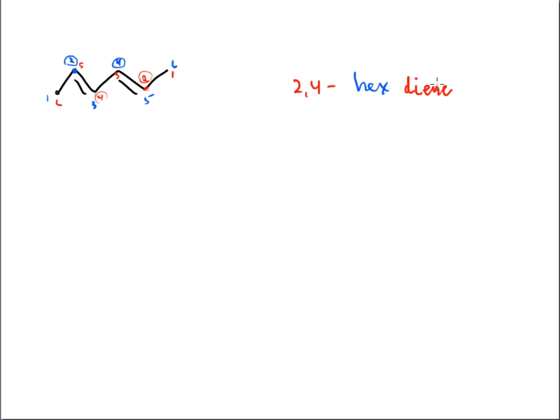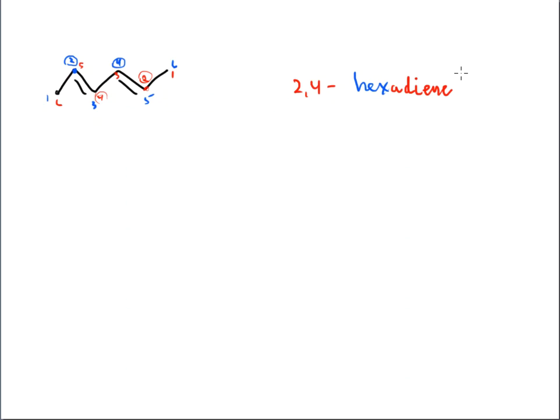You don't want to put effort into saying these names. 2, 4 hexdiene sounds a little silly, so that's why we put an A in there. Hexadiene, and you can see where hexa kind of comes from, hexane in a way, but we just put that extra little letter in there just so that it sounds a little bit better when we say it. 2, 4 hexadiene. Doesn't that sound better? 2, 4 hexadiene versus 2, 4 hexdiene.